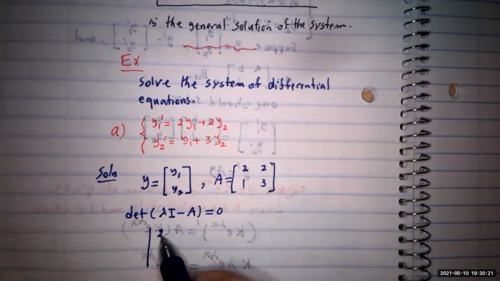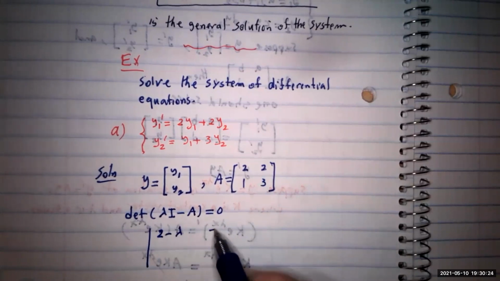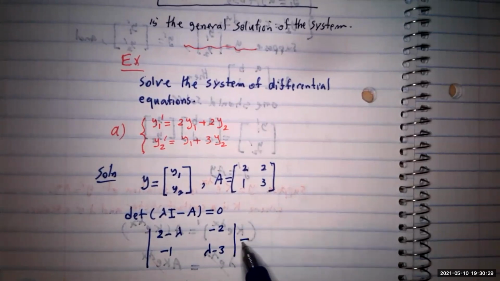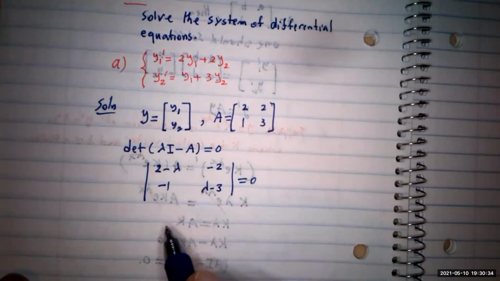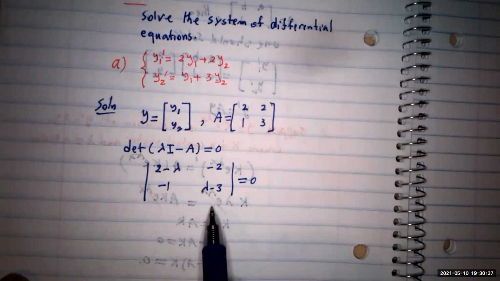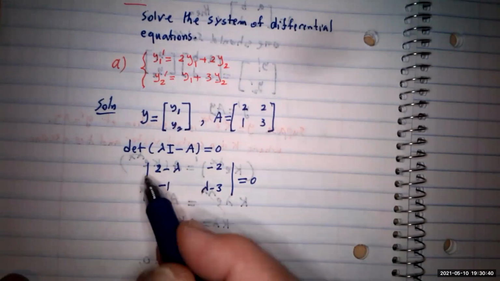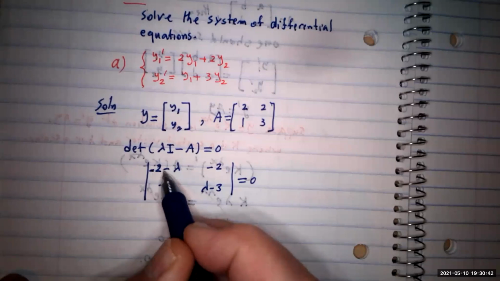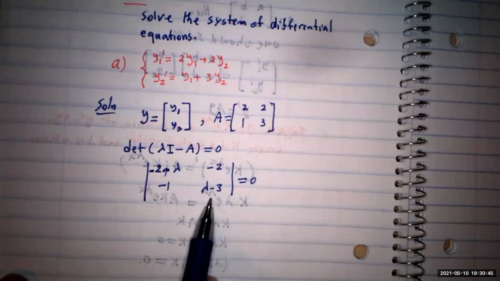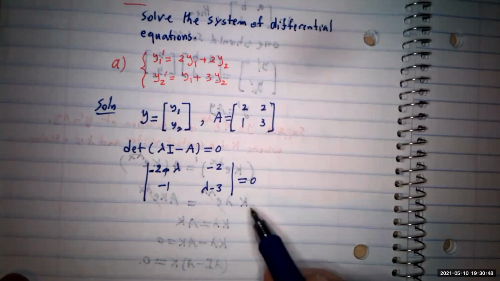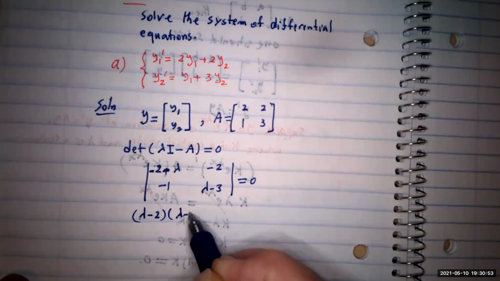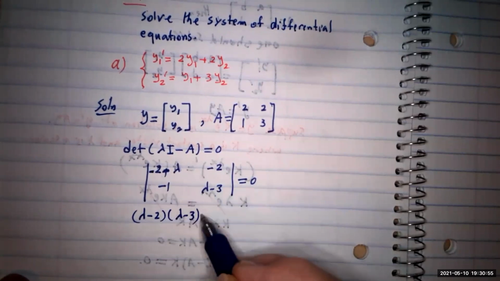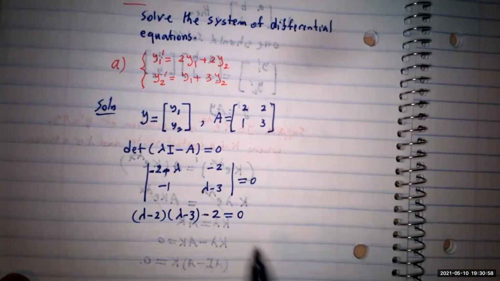This is going to be lambda minus 2, negative 2, negative 1, and lambda minus 3, and the determinant equals 0. It's lambda minus 2 times lambda minus 3, minus the product of negative 2 and negative 1.